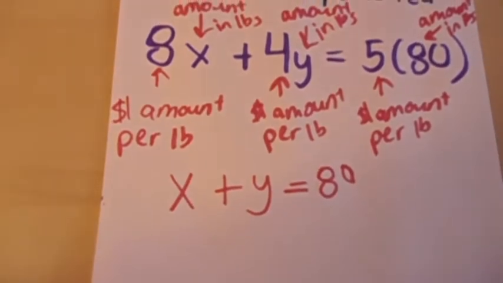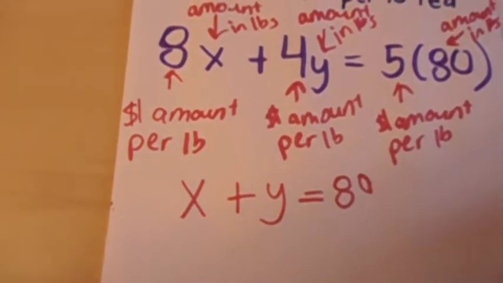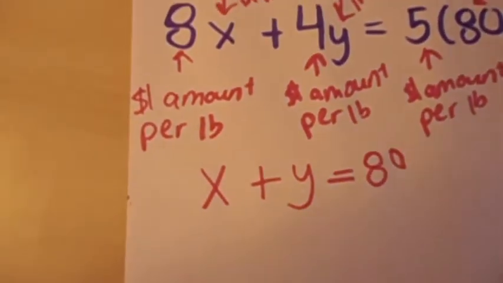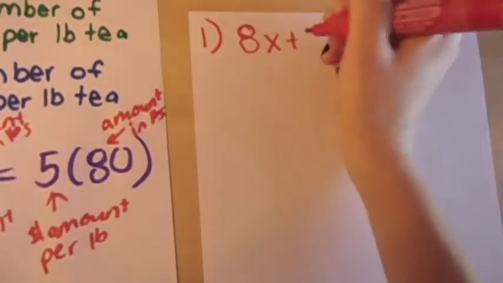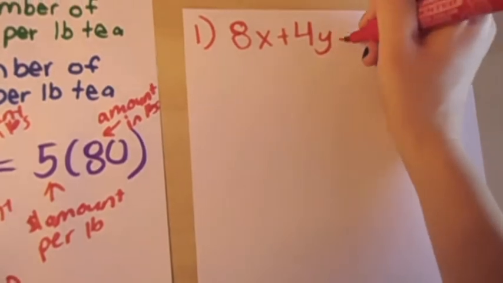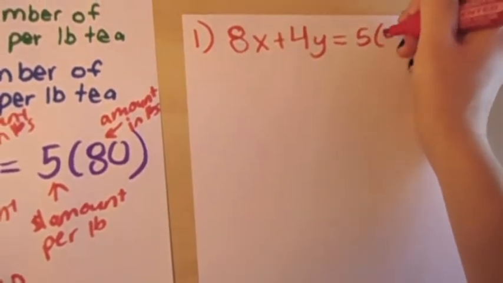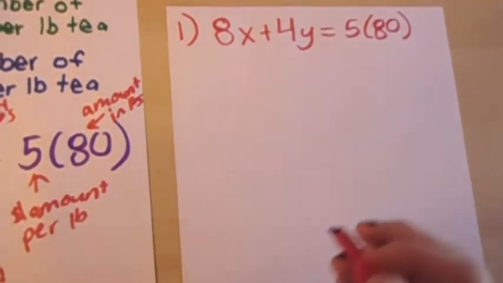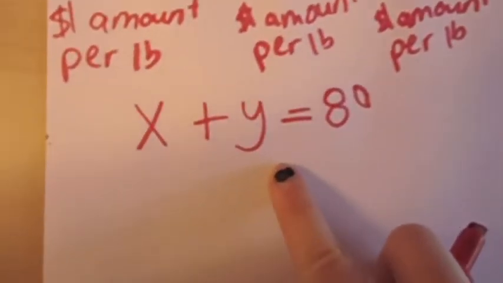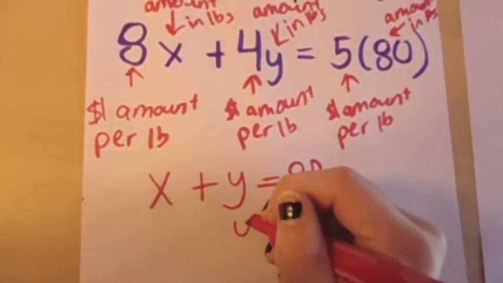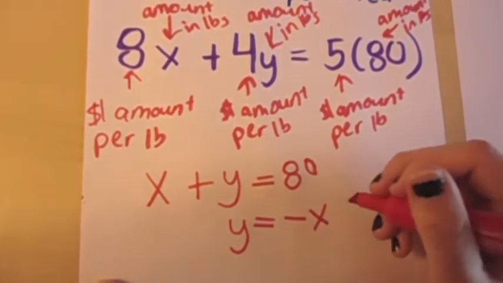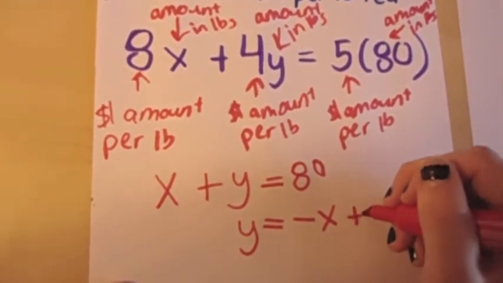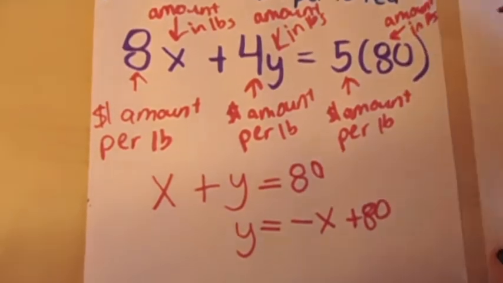So we can use the substitution method. We're going to take the first equation, which is 8x plus 4y equals 5 times 80. Then we're going to take the second equation and make it equal to y, so we'll just subtract x from both sides. So it'll be y equals negative x plus 80, and that will be our second equation.